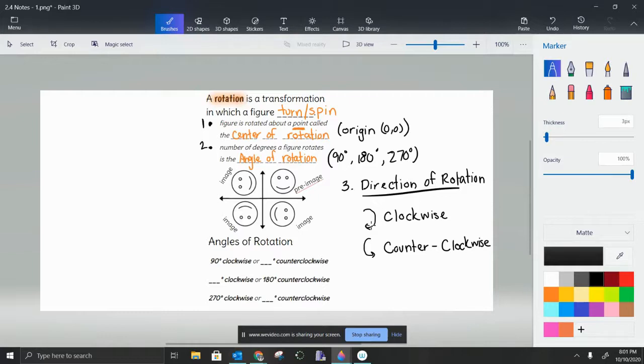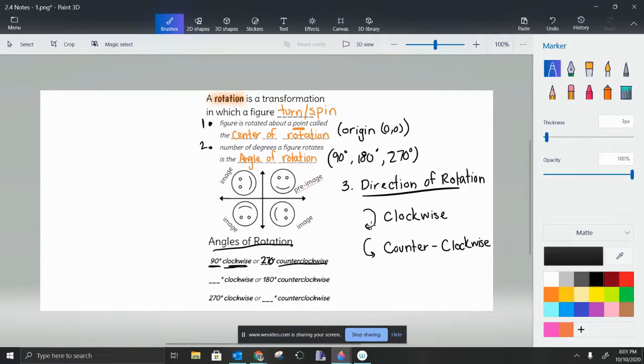But the first thing is, notice that these examples down here of angles of rotation, they tell you a distance or degree, and they tell you a direction. 90 degrees clockwise is actually the same exact rotation as 270 degrees counterclockwise.